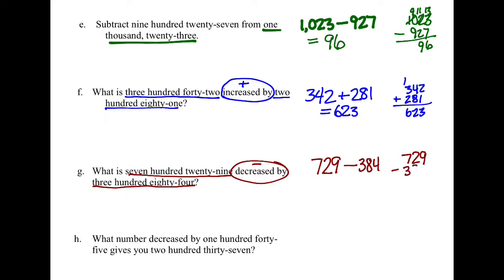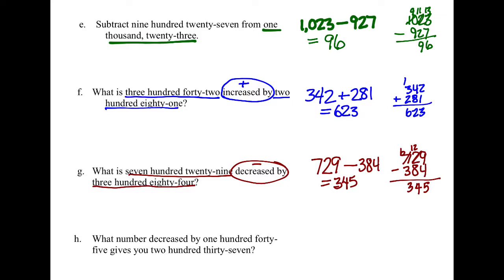On subtract, your first one always has to go on the top. So 9 minus 4 is 5. 2 minus 8, can't do it, so we're going to borrow. 12 minus 8 is 4, and 6 minus 3 is 3. So 345.